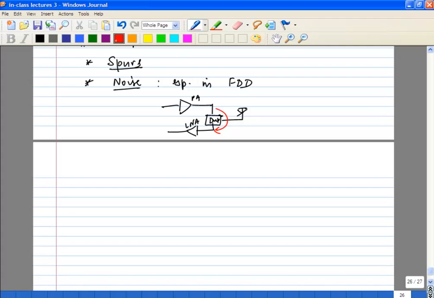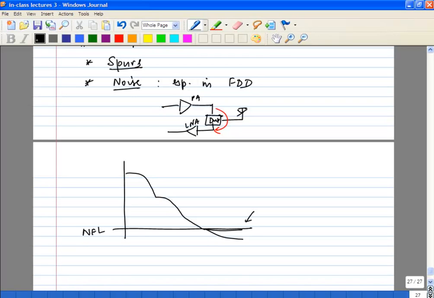So let's say this is your modulation, and I'll show only one half. Let's say it goes like this and it goes like this. Eventually it's going to go below the noise floor. The modulation power is going to go below the noise floor. But what is this noise floor defined by? It's defined by the circuits of the transmitter.